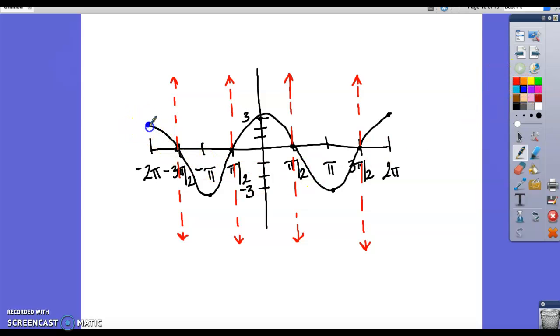Okay, these points right here are the same. Okay, let me say that again. Sorry, the cosine of 2 pi is 1.